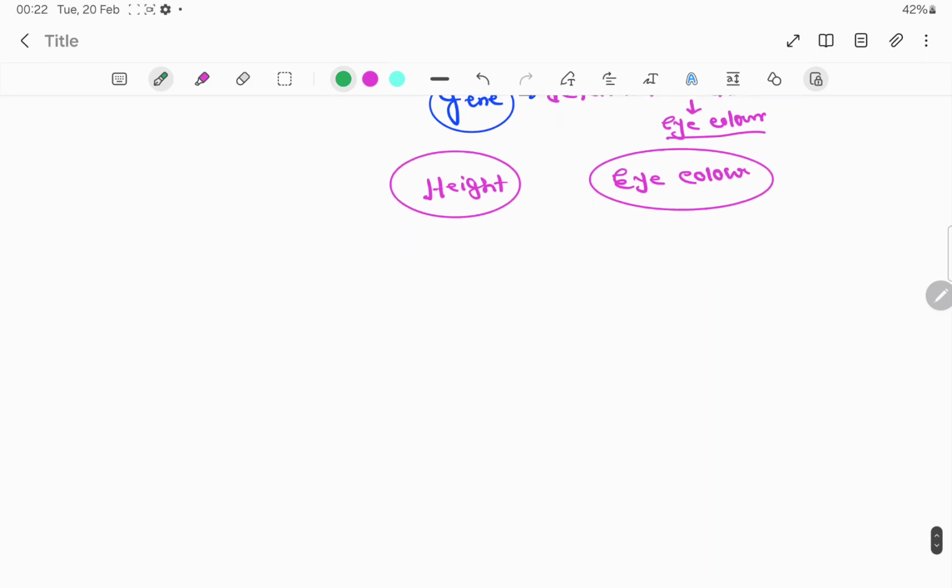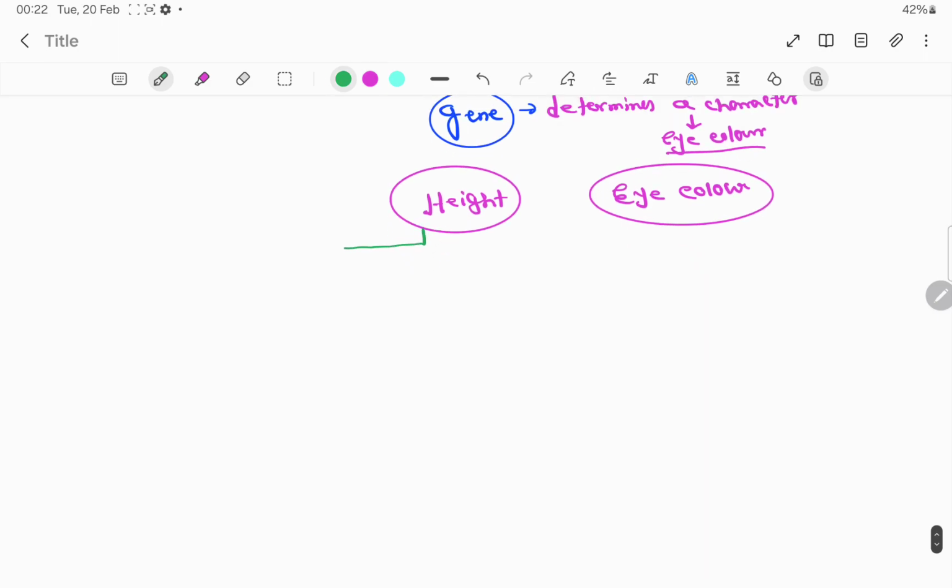Now height can have alternative or alternate forms. Eye color can also have alternate forms. Clear? Suppose height can be tall or it can be short. Two alternate forms. Suppose there are two alternate forms.